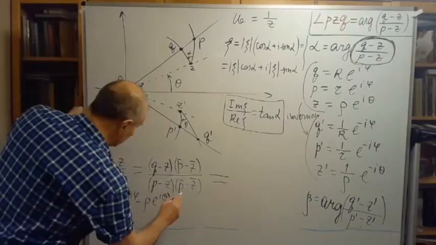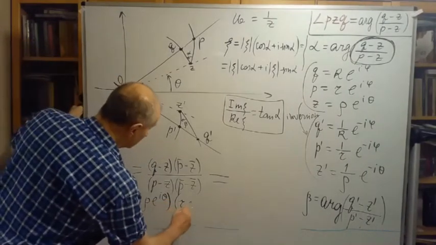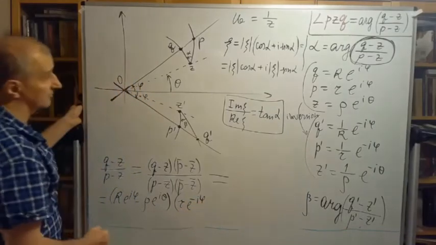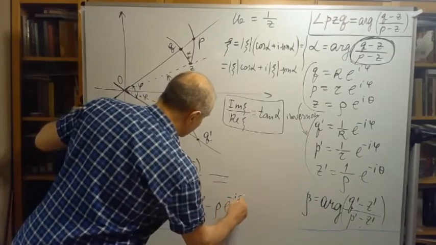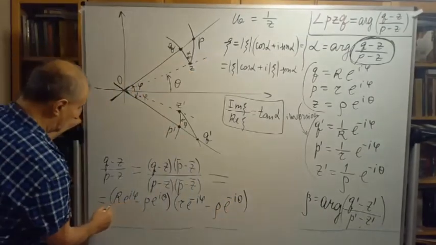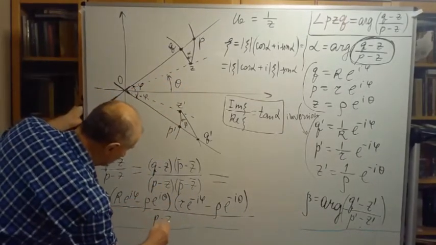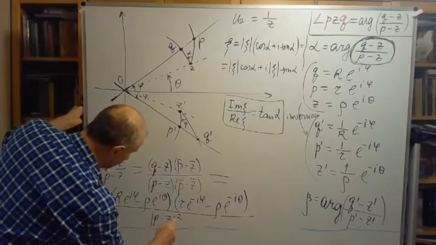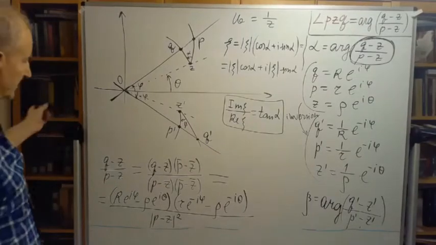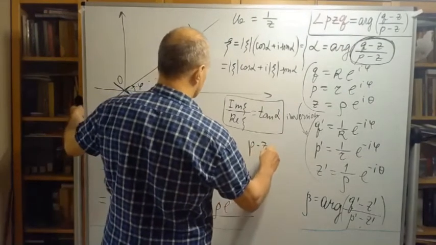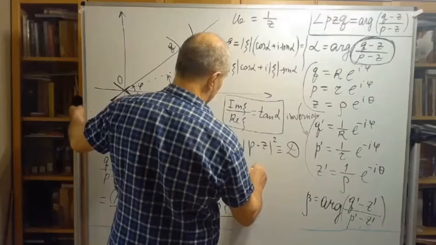Now p conjugate minus z conjugate will be r e to the power negative i phi, because it's conjugate, minus rho e to the power negative i theta, and divided by |p - z| squared. For future calculations I will denote |p - z| squared by some number d.